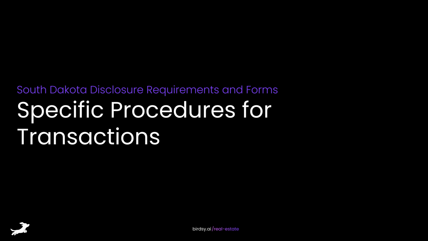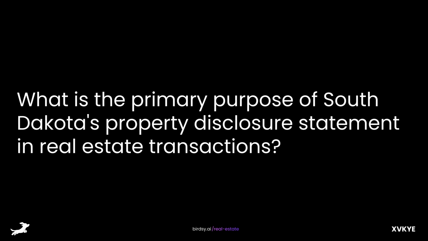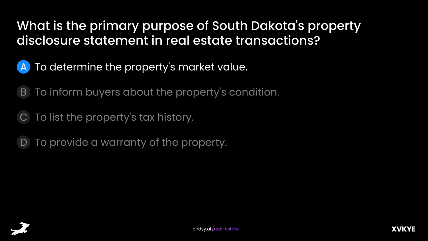Specific procedures for transactions. What is the primary purpose of South Dakota's property disclosure statement in real estate transactions? Is it A, to determine the property's market value, B, to inform buyers about the property's condition, C, to list the property's tax history, or D, to provide a warranty of the property?